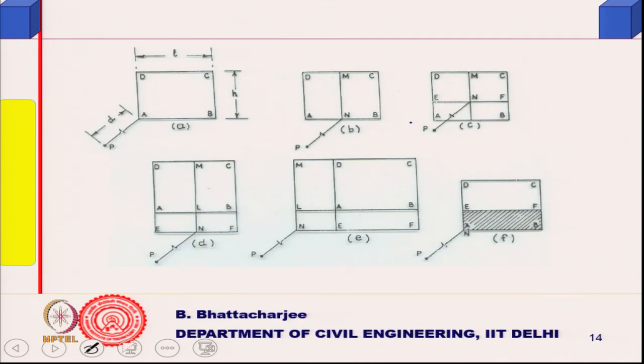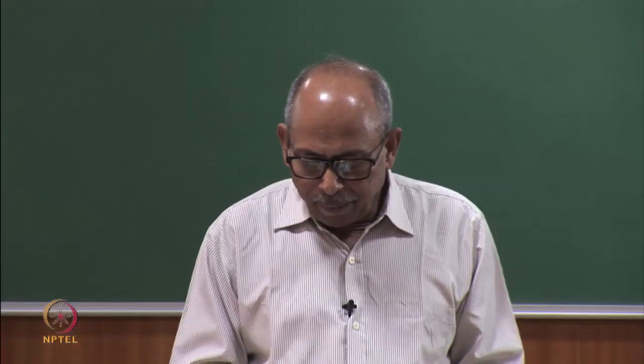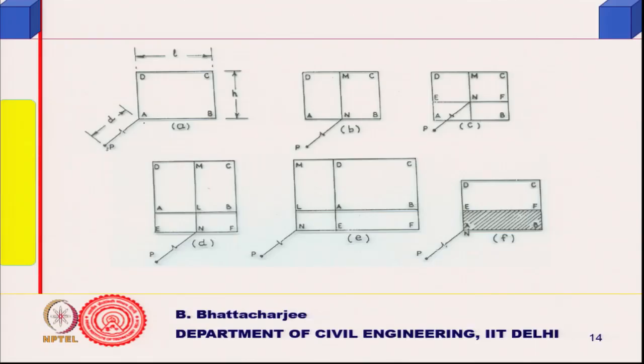In order to do that, one assumption is made: the normal to the window from the working plane point P must pass through one of the corners of the window. So, this is your L, this is your H and this is D. If your working plane is such that it passes through this, then there is no problem, you can use it straightforwardly.